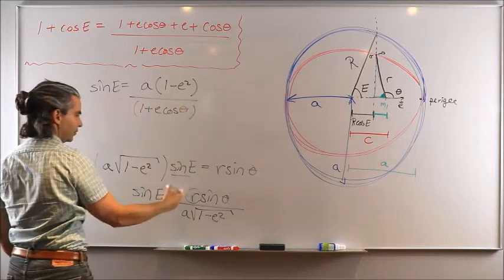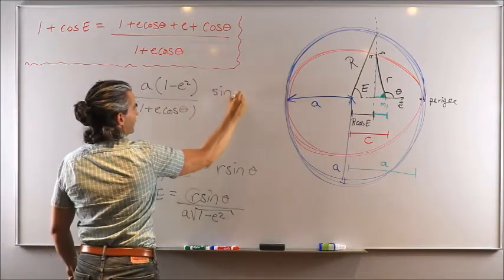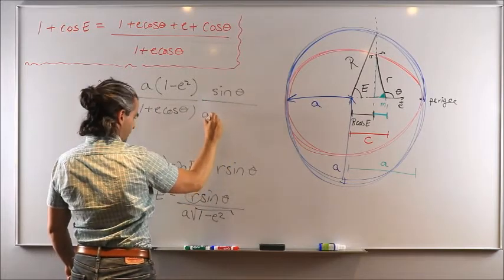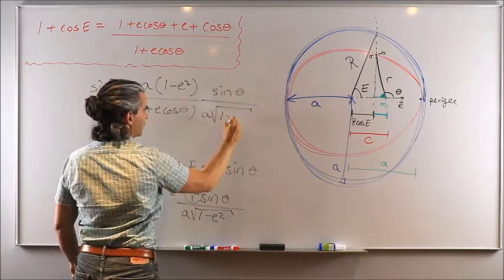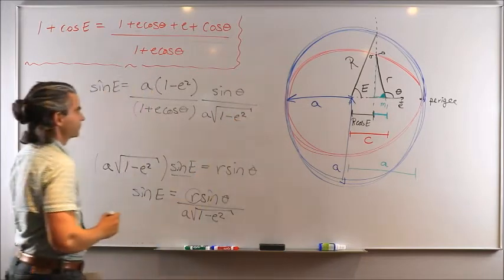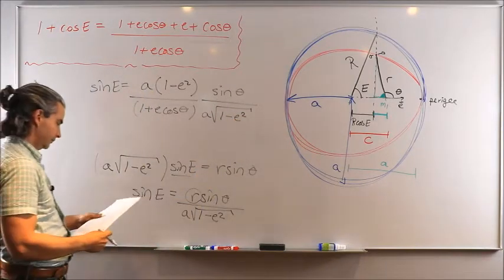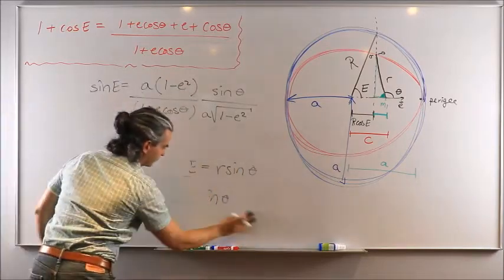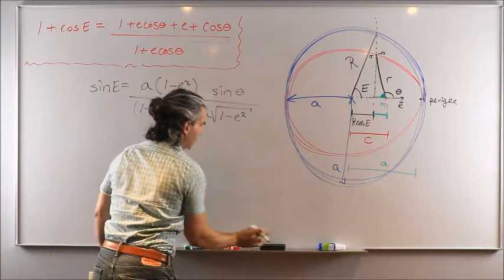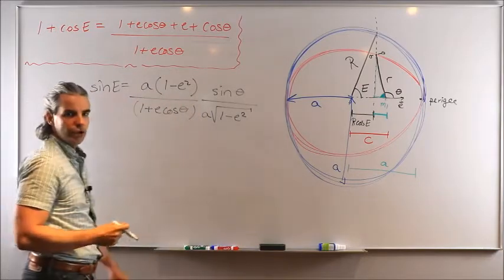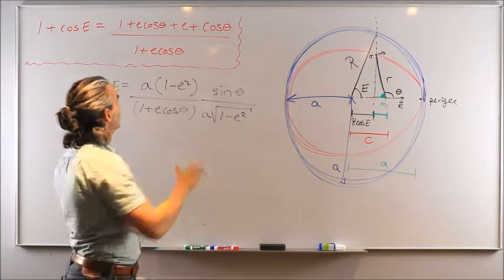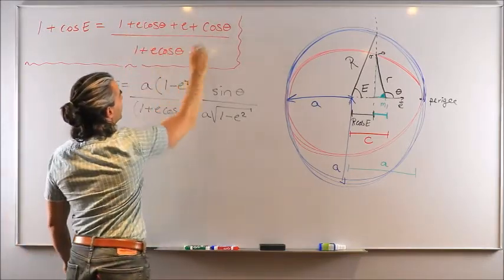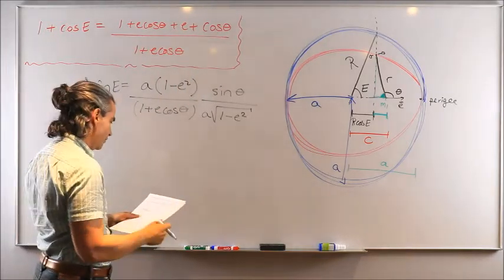So all of this is for R, then times sine theta divided by A times square root of 1 minus E squared. And from there, I'm just going to keep playing with the right-hand side of that equation until I obtain something which is similar to this. So only function of eccentricity and true anomaly to make my life easier eventually.